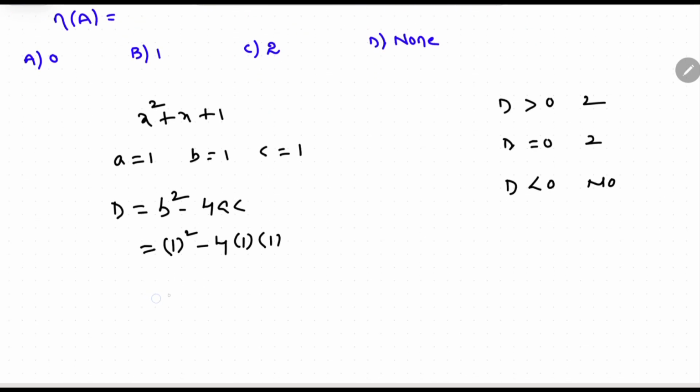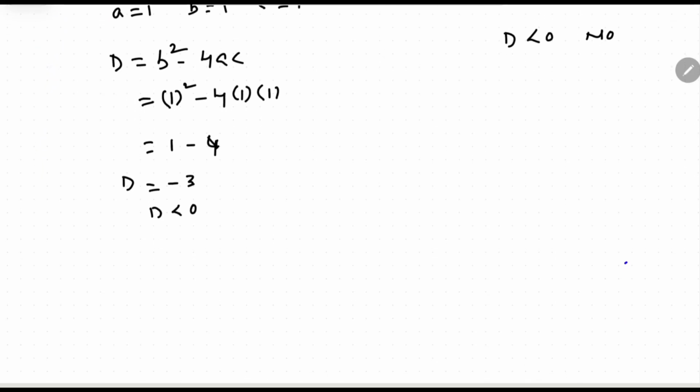So 1 minus 4, that is minus 3. So we got D less than 0. Therefore it doesn't have any real zeros. No real zeros.